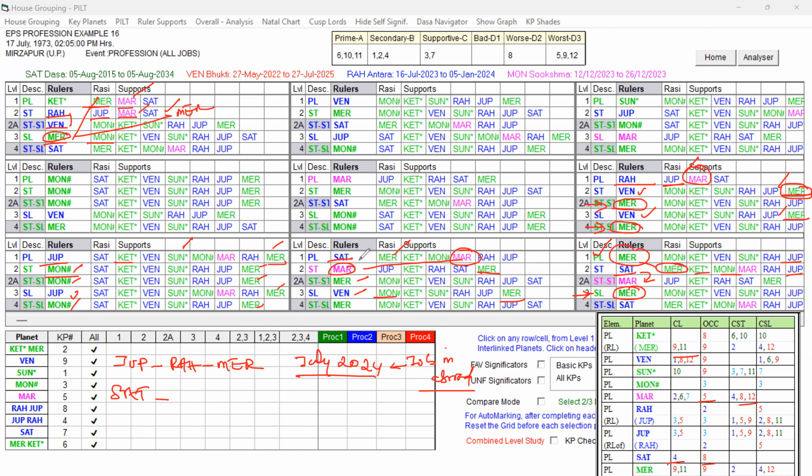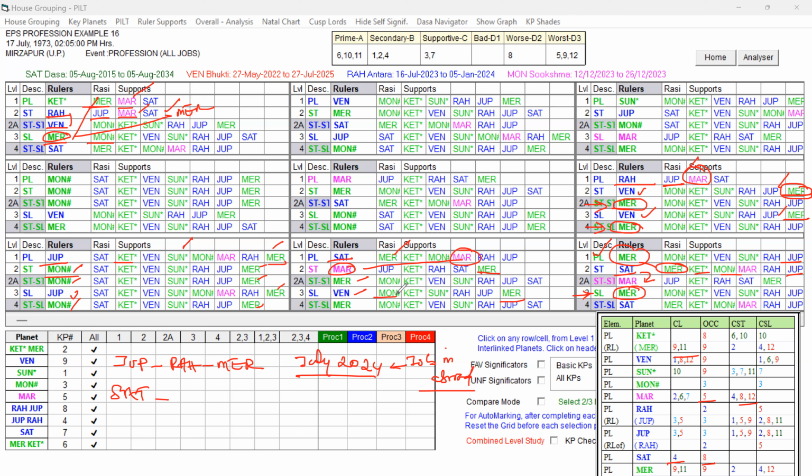So this Saturn is supportive for job prospects, but compared to Jupiter, it has some weakness. Definitely, it is supportive for the instability also. But because of the supportive favorable key planets, that Saturn Dasa will favor job prospects abroad despite some changes or challenges.